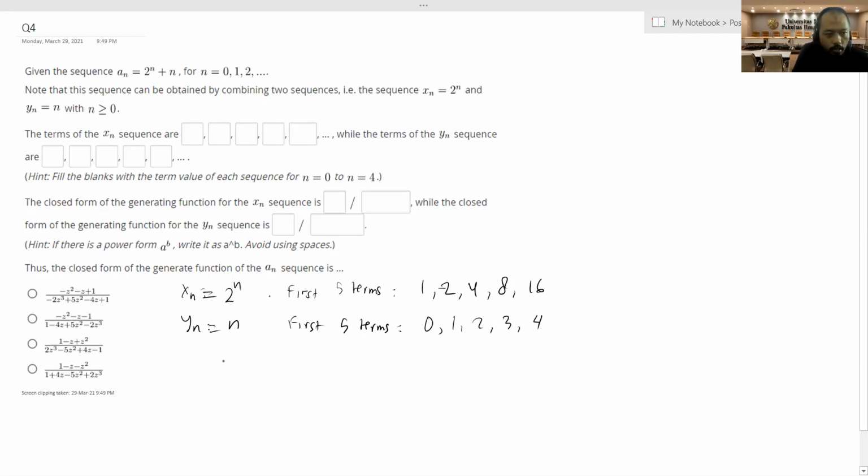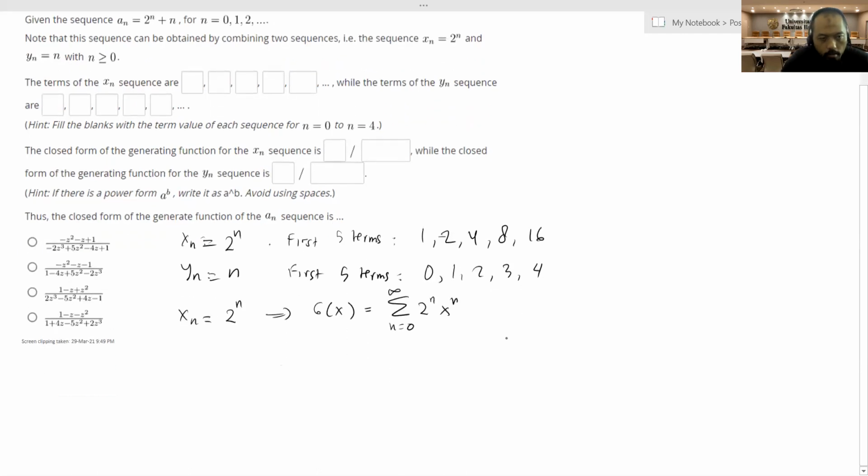Now the next part is we create a closed form of the generating function of x_n as well as y_n. Because x_n is equal to 2 to the power of n, the generating function is g(x), the sum of n from 0 to infinity of 2 to the power of n x to the power of n.